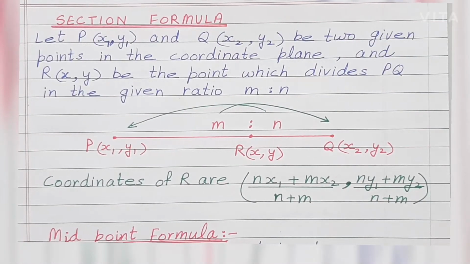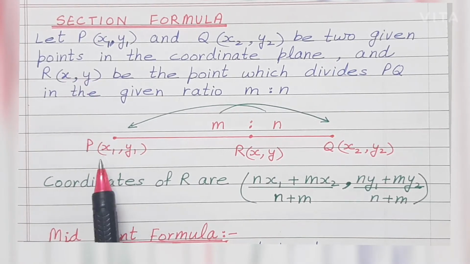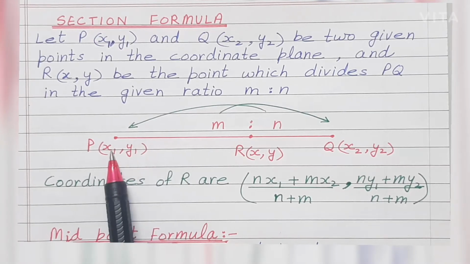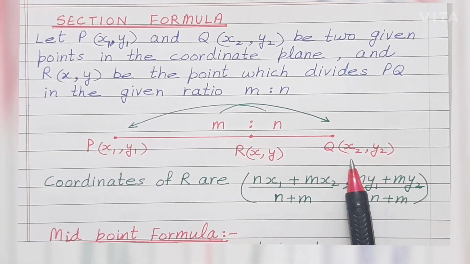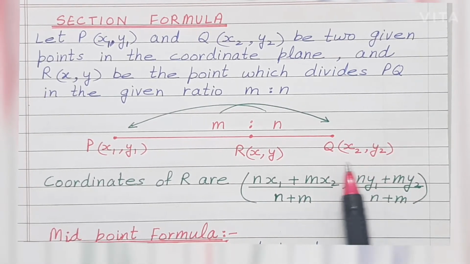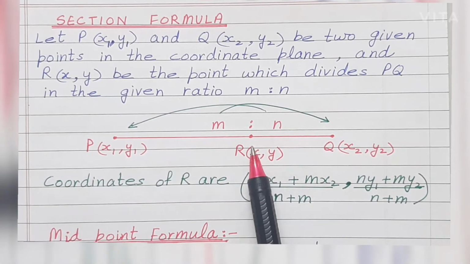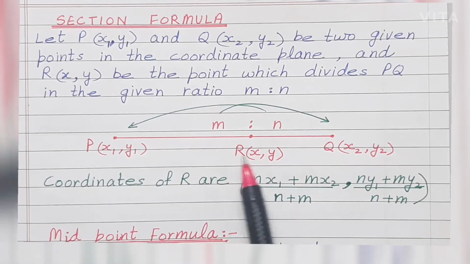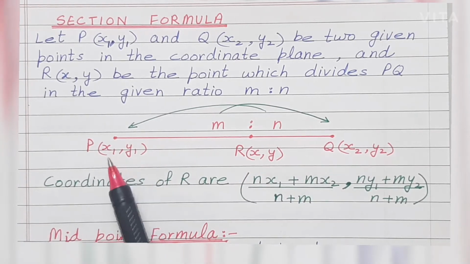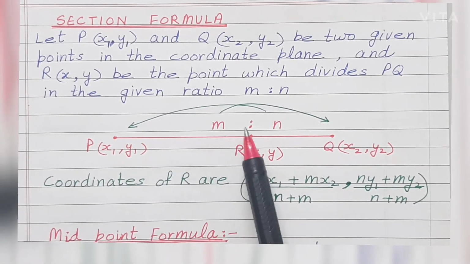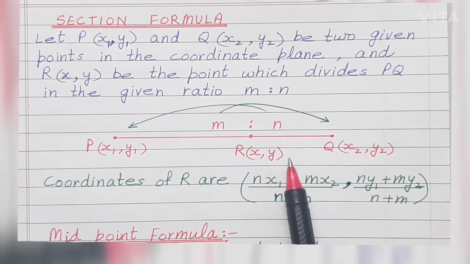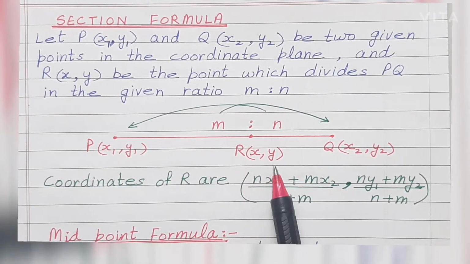Now children, let us discuss about section formula. Let P (x1, y1) and Q (x2, y2) be the two given points and R be the point which divides PQ in the ratio m:n, and let the coordinates of R be (x, y).